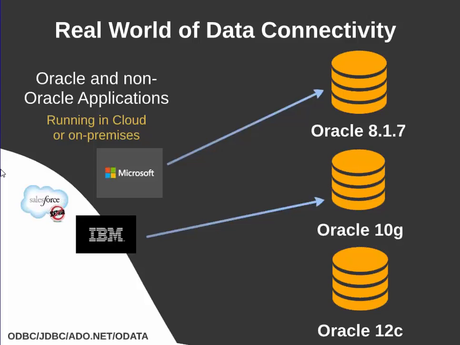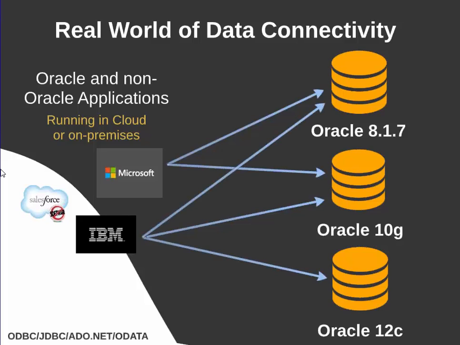And those applications may need to connect to different combinations. Maybe you need to connect to 2 of them, maybe all 3, or maybe you've got a cloud application that needs to reach back on-premise and connect to a version. So there are a lot of permutations and combinations of connectivity in the real world.